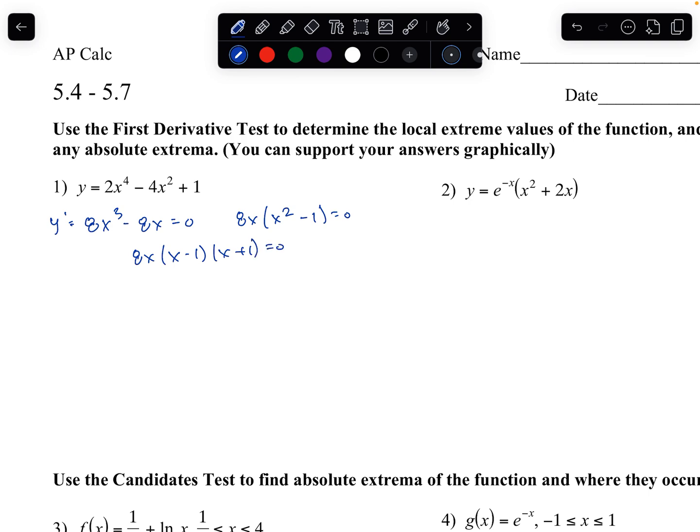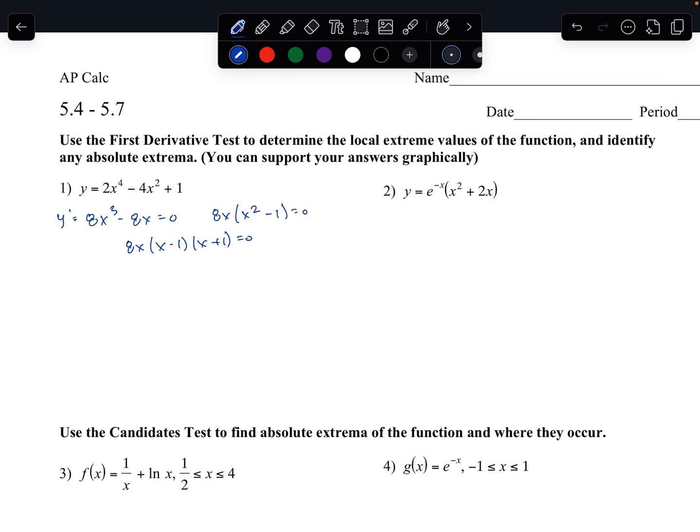Okay, and then so I have critical points, x equals 0, -1, 1. So those are the critical points.